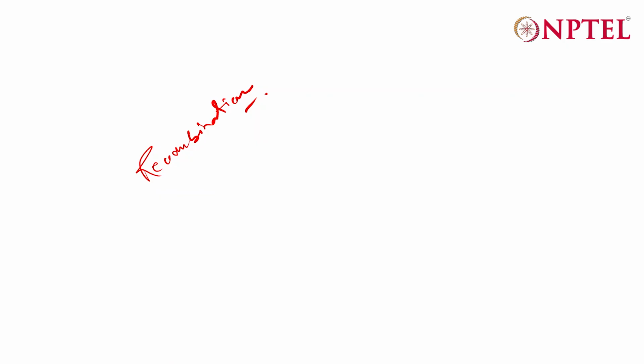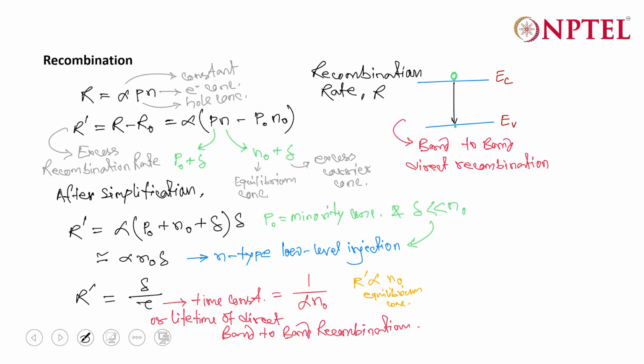So let us begin with the direct recombination, band-to-band direct recombination process. Now, in case of band-to-band direct recombination process, the electrons generally directly jump from conduction band to the valence band and then recombine with a hole.